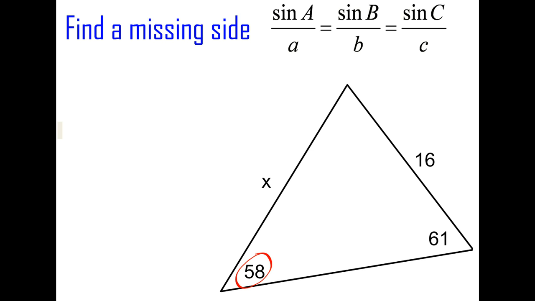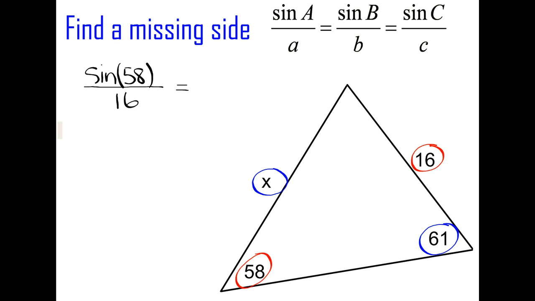So let's take the sine of 58 divided by 16. And let's set that equal to, what else do I have? The sine of 61 divided by x, and so I'm missing that side.